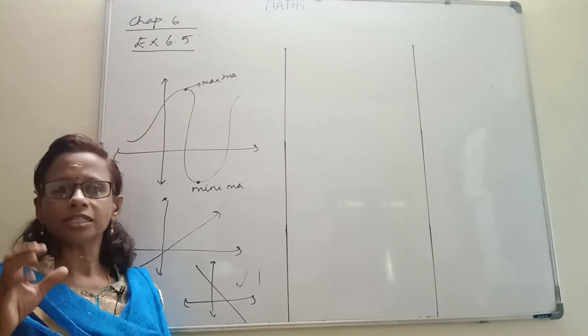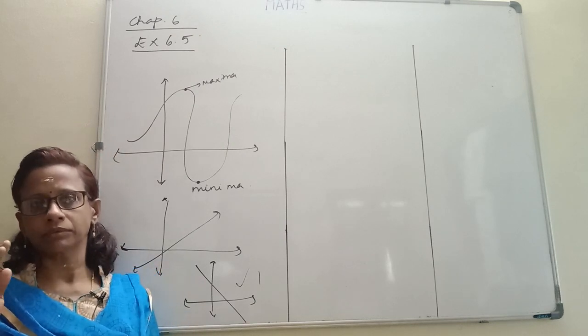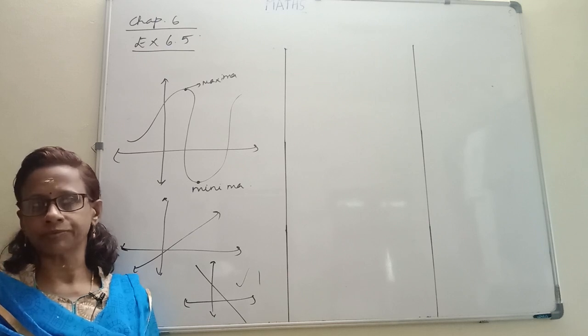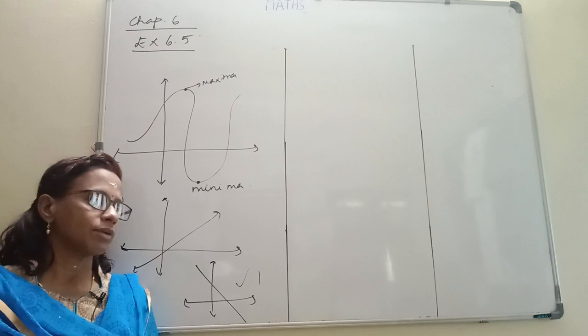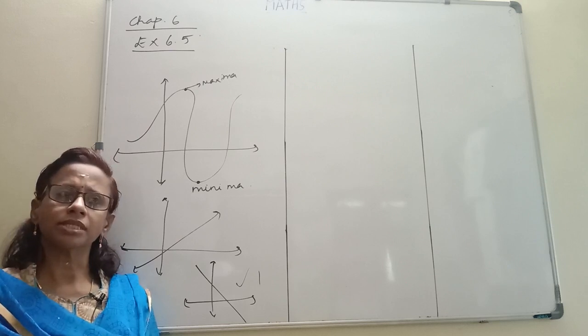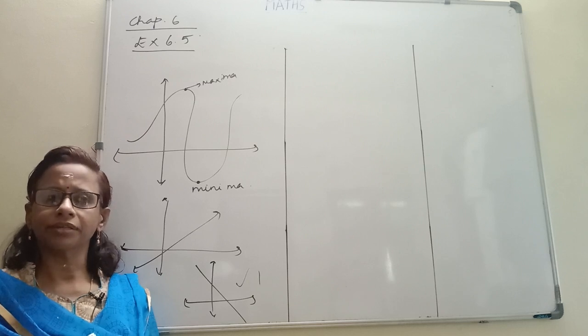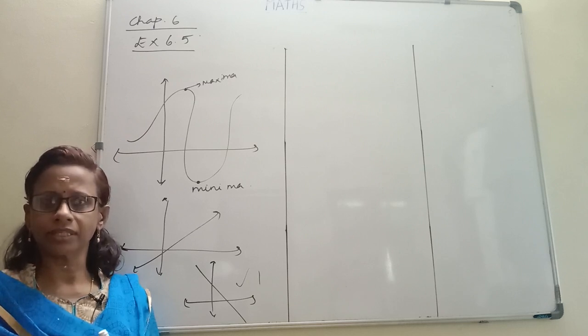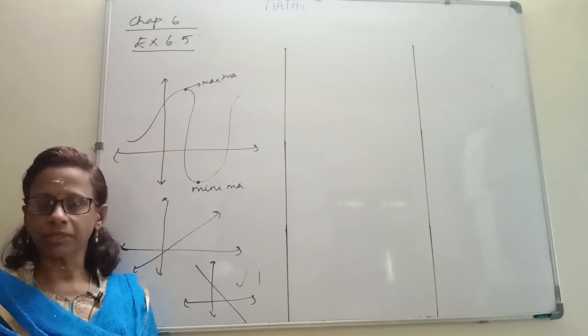So your answer will vary depending on the nature of the graph, whether maxima exists, minima exists, and so on. Our first two questions are of that kind, where they ask whether there is a maximum or minimum. That's more on the understanding part.